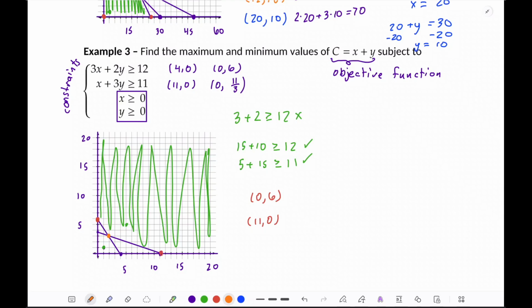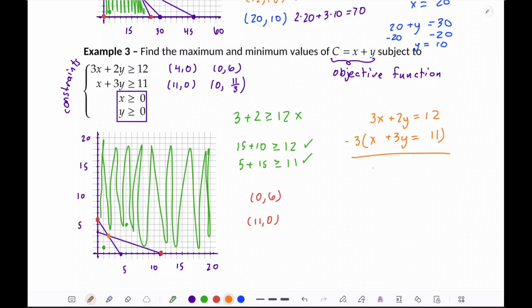It's probably going to end up being 2, 3 though. But I'm still going to solve the system of equations. Since there are only 2 equations here, it's pretty easy to figure out which 2 we have to combine. But it is 3x plus 2y is equal to 12. And x plus 3y is equal to 11. Multiply this bottom one by negative 3.